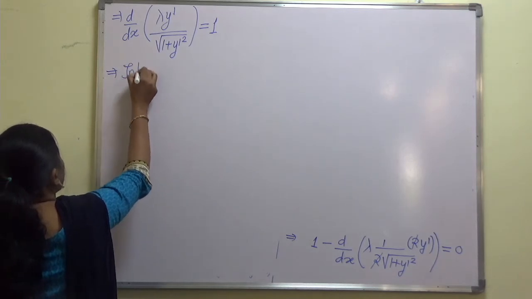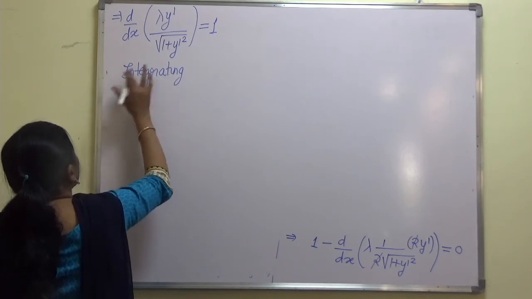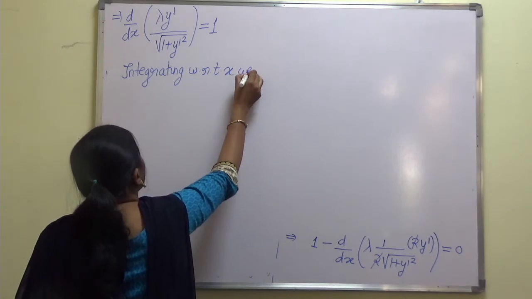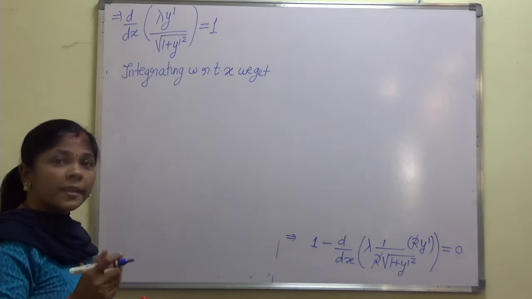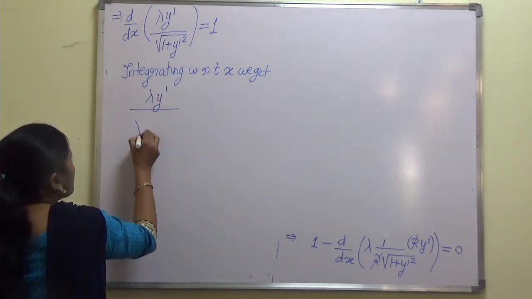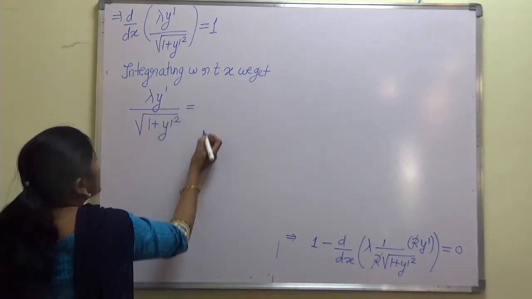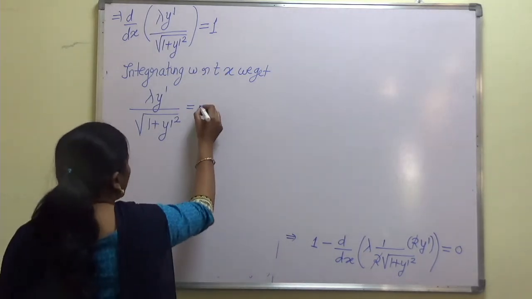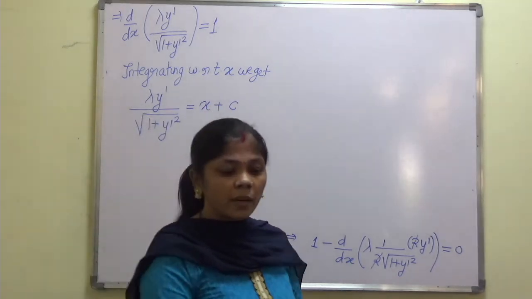Integrating with respect to x, the integration of a derivative with respect to the same variable gives the function itself, so lambda y dash upon under root of 1 plus y dash square is equal to x plus constant of integration, since the integration of 1 with respect to x is x.